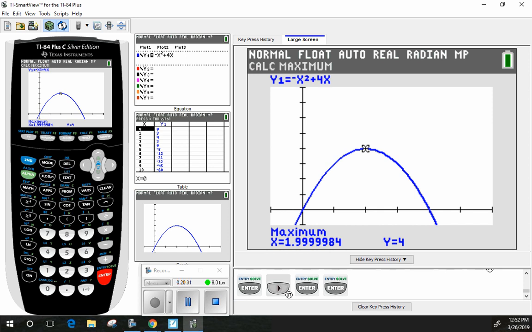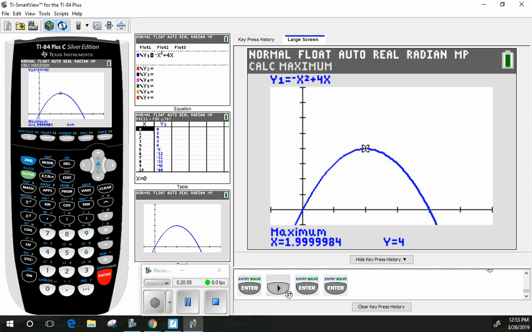They have these little pixelations. You can even see here the curve is not fully smooth. So sometimes when it calculates, the little cursor can't quite land on the perfect number because it's in between the pixels, and you'll get a really close but pretty much the same number as what it would be. So this is really 2, 4.